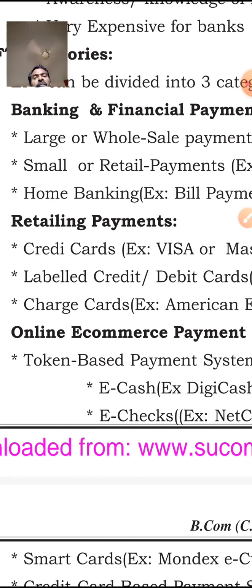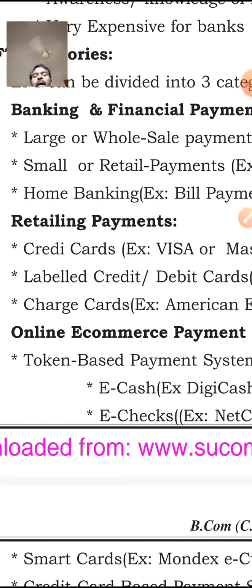You are going to the physical shop, you are buying the products in the physical mode, but you are paying the money in the electronic format. So with the help of EFT applications, you are paying the money to the shop owner, the shopkeeper, with the help of credit cards and debit cards. All these types of EFT mechanisms come under the retail payment system.